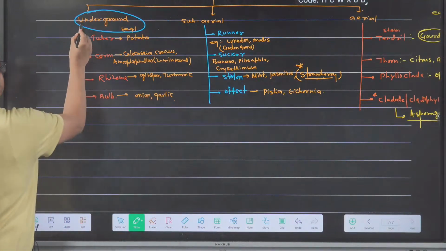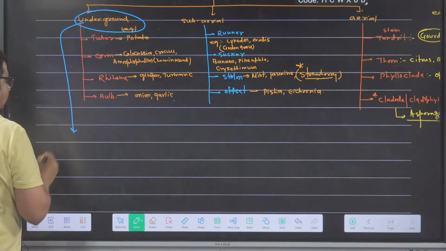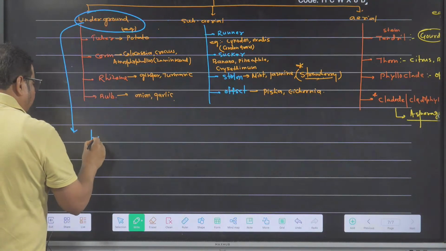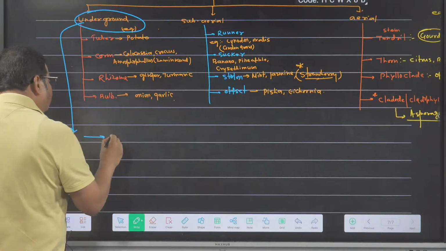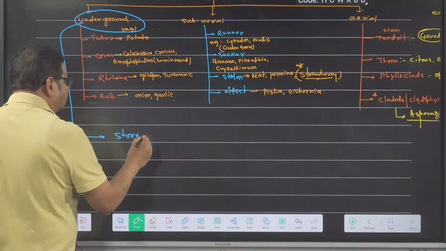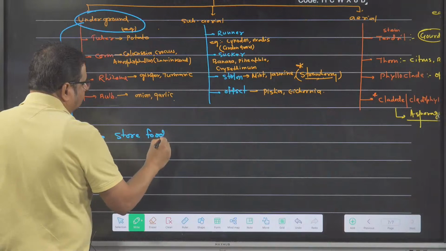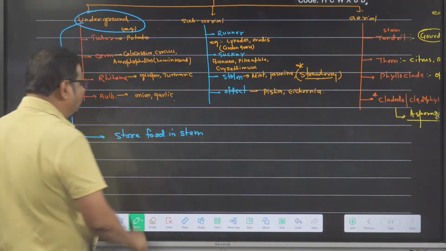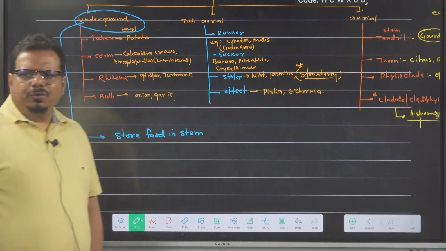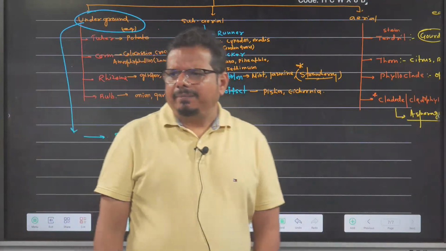So if we talk about underground modification, first, underground modifications store food in stem. The first component is what? Underground modification stores food in stem.